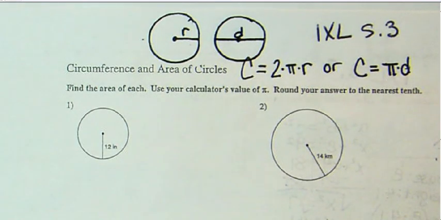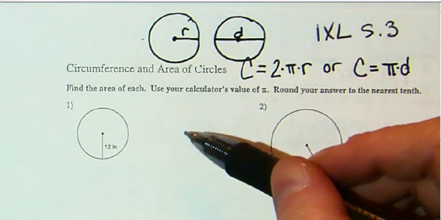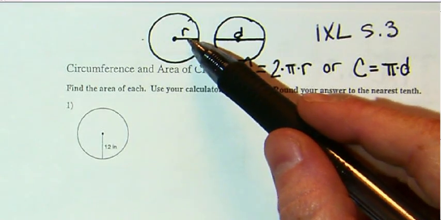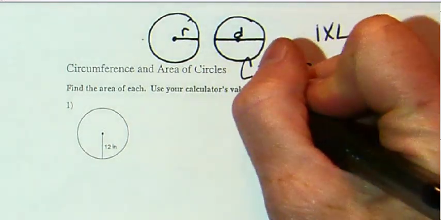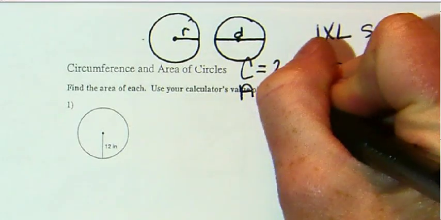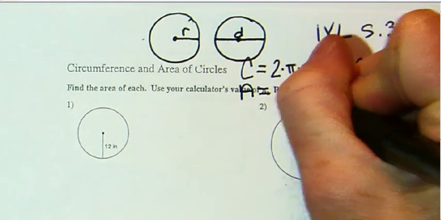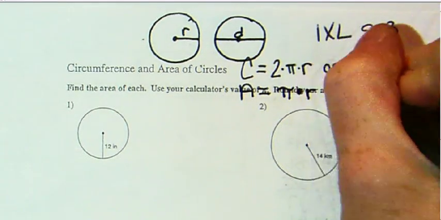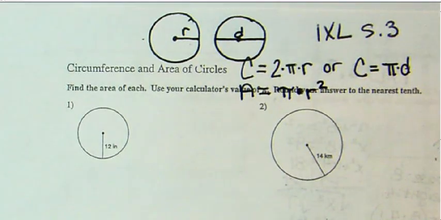Let's look at your area formula. Your area is still going to include your radius, but our area formula is going to be area equals still multiplying pi times r squared. Let's write that a little bit more so you can see it.